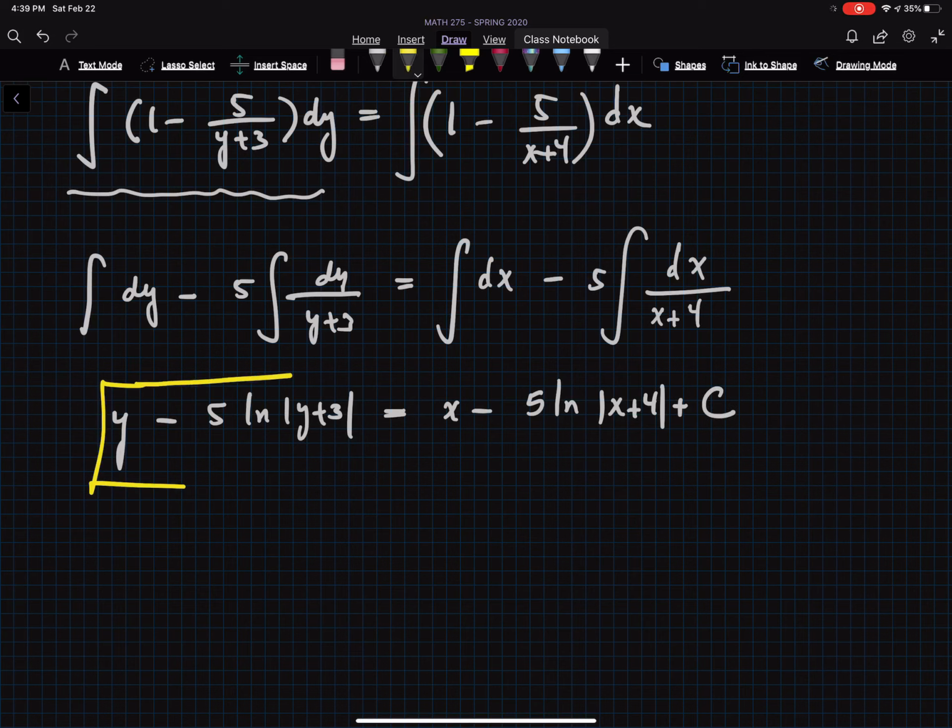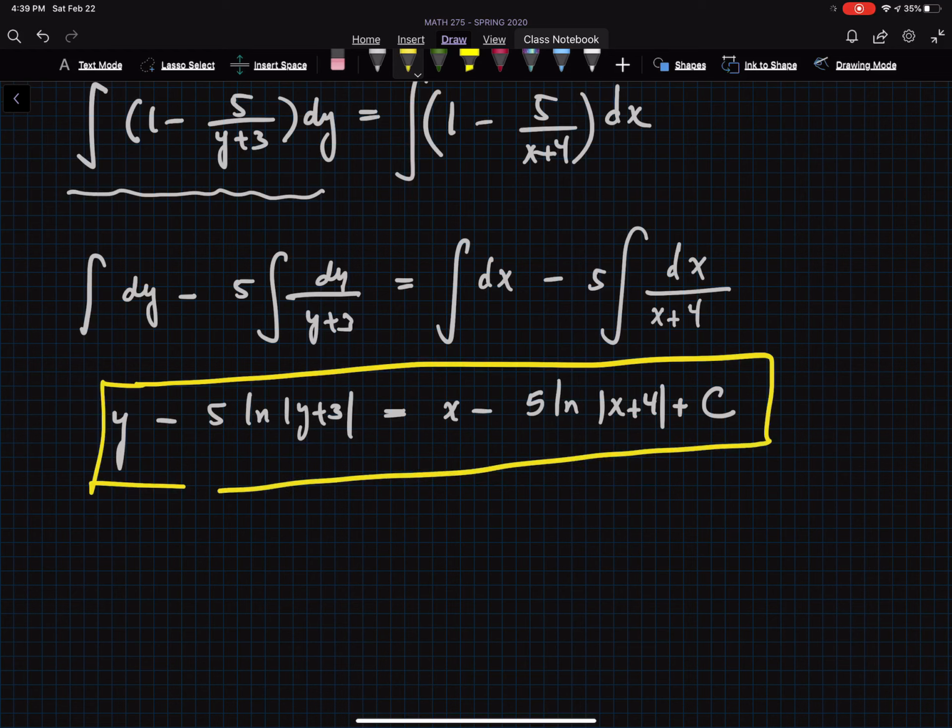So good thing I caught that earlier, which is usually forgotten. So that becomes my solution. And again, at this point, the question is, is there any way I could use algebra to somehow solve this explicitly in terms of y? But I'm going to leave that up to you to decide and play with.